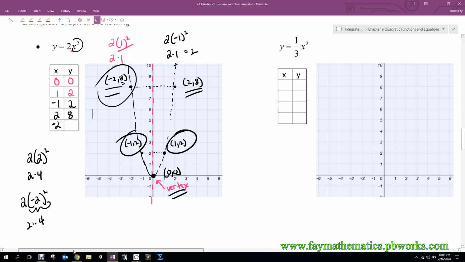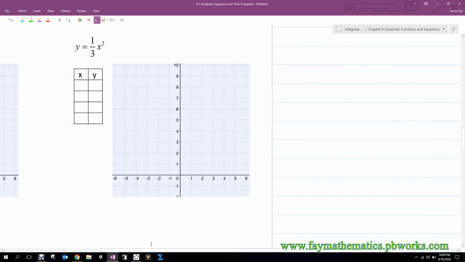The next one, using 1/3 x squared. This is where I think it's important to use a convenient value for x. Because we got a fraction, I'm going to try to choose my x value so that there are multiples of that number right there. You'll see the benefit of that in a moment. So I know I'm going to choose 0. If x is 0, y is 0, so that's my vertex.